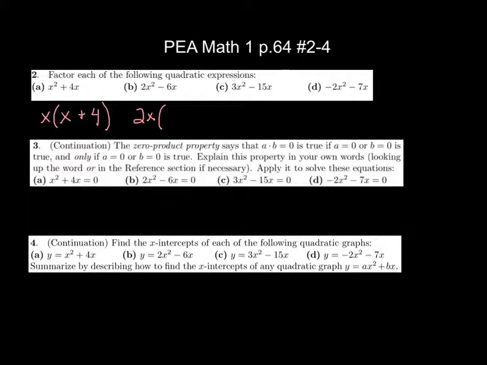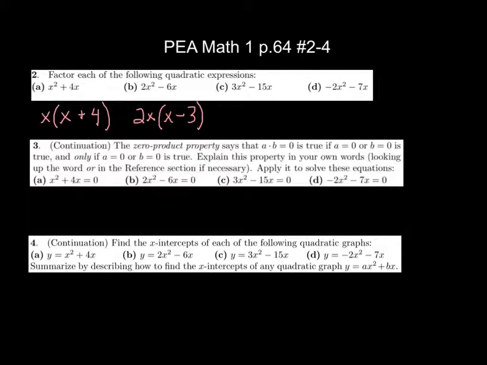That would be x. And then 2 goes into 6 3 times, so you'd have a minus 3. And we already divided this x out and put it out in front. Notice if we multiply back out, we would have 2x times x, which is 2x squared, and 2x times negative 3, which is negative 6x.